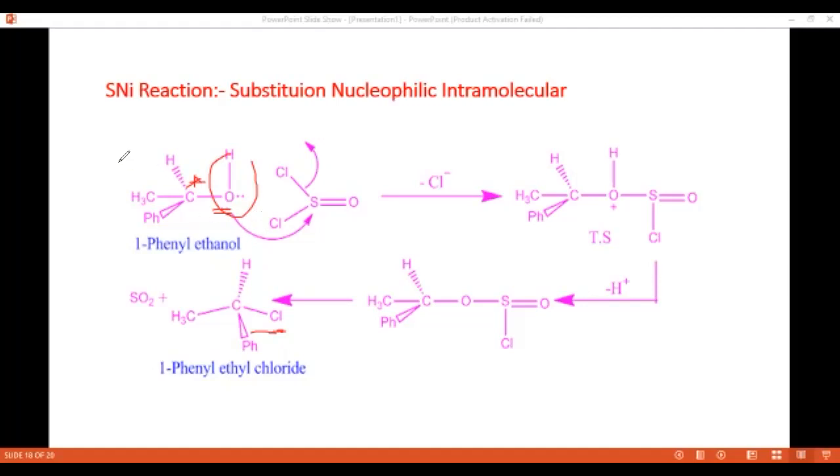For example, 1-phenyl ethanol reacts with thionyl chloride to form 1-phenyl ethyl chloride.